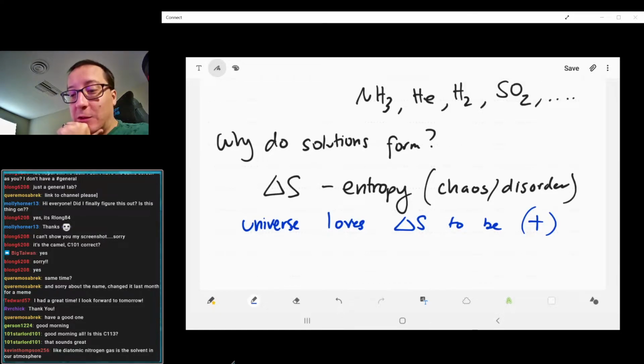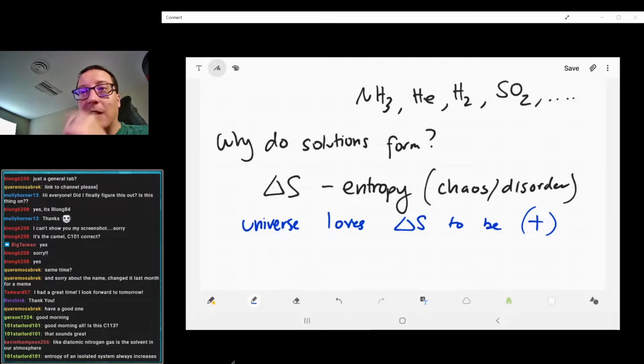For example, you take your nice salt crystal, with these lovely organized sodium and chloride just dotting around, and now you've thrown them into disarray, where you've introduced water, and water is moving around and taking them and zipping them, and now a sodium is way in the corner. Yes. Entropy loves to be positive. Rather, the universe likes entropy to be positive. We can force it to be negative, but in general, this is the main driving force behind solution formation.